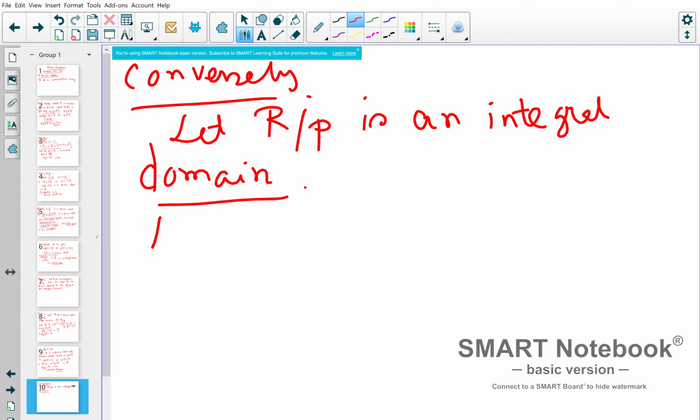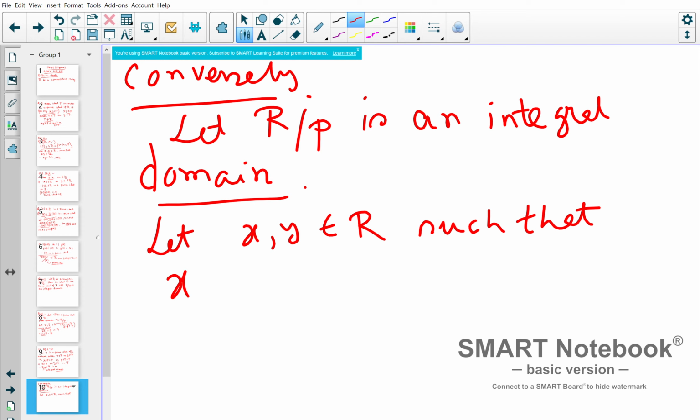So let x and y belong to R, two elements, such that x into y, the product, is an element of the ideal p. I don't know right now whether p is prime or not.